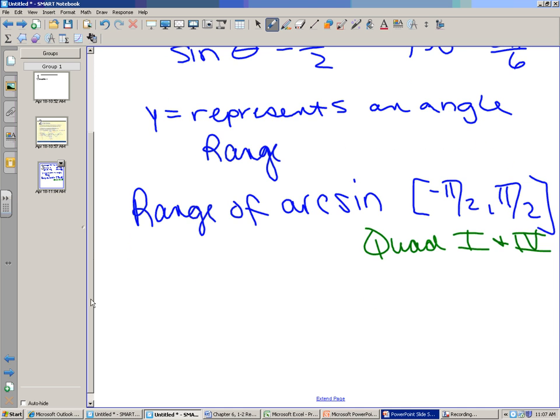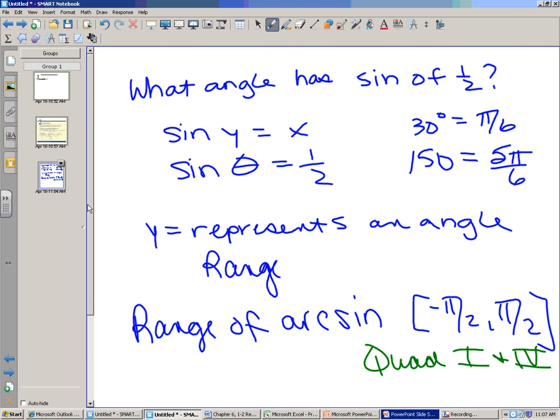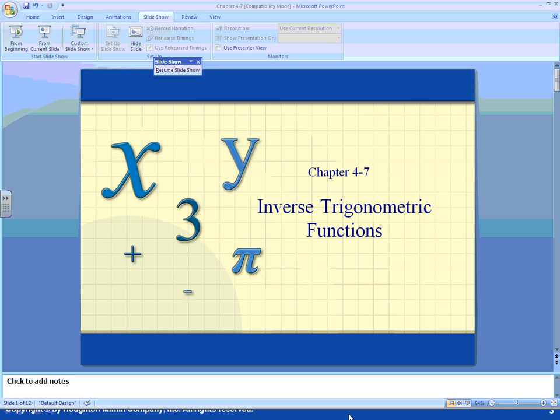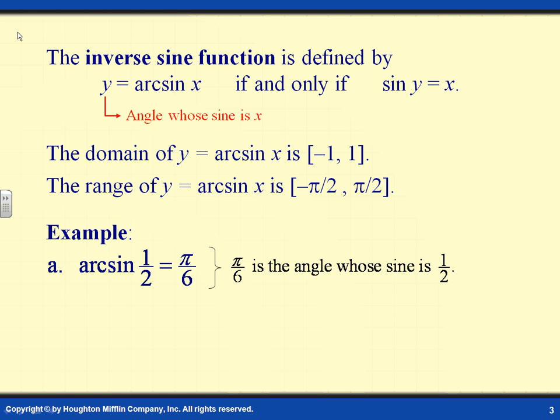So what does that imply that my answer has to be? It has to be 30 degrees. Do you understand why we have the restriction on the domain and the range? Does that make sense? So my only answer, going back to the PowerPoint, is pi over 6. Does that make sense, yes or no?